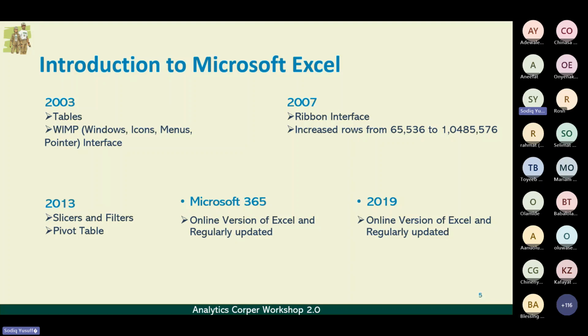Those are the history and different versions of Excel. Monthly, Excel is updated with new additions, new tools, new functions, and so on, but this is only available to premium users, the Microsoft 365 users. So this is all about the history of Excel.